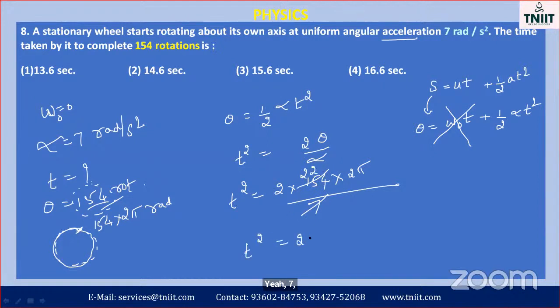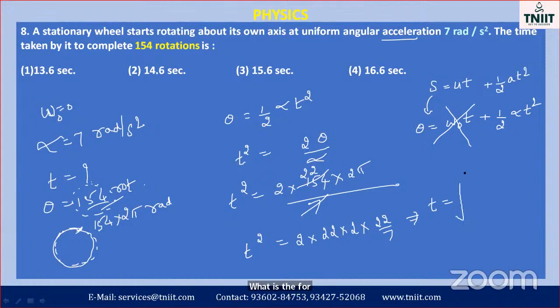So t squared equals 2 into 22 into 2 into what is pi value? 22 by 7, yes sir. What is t for this?